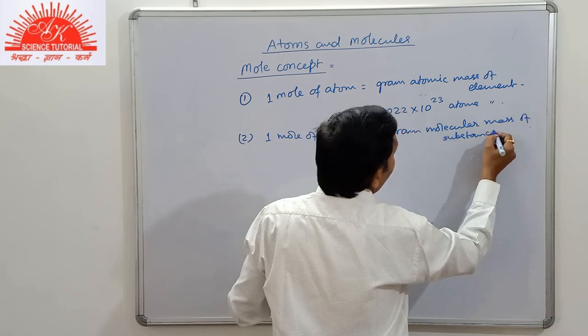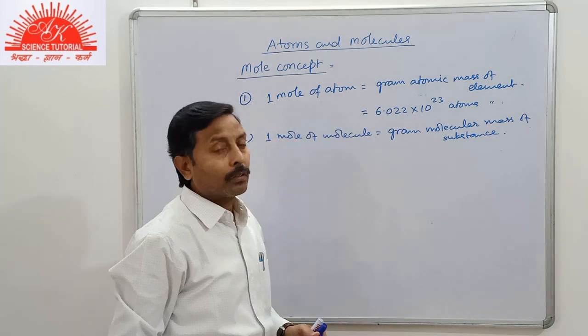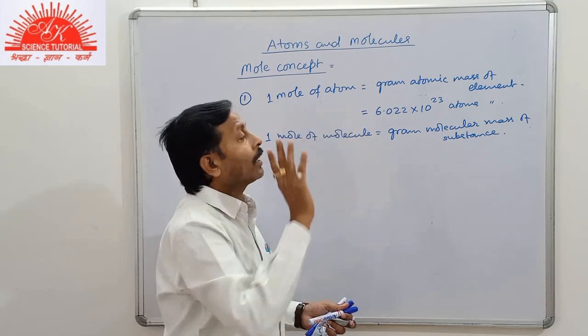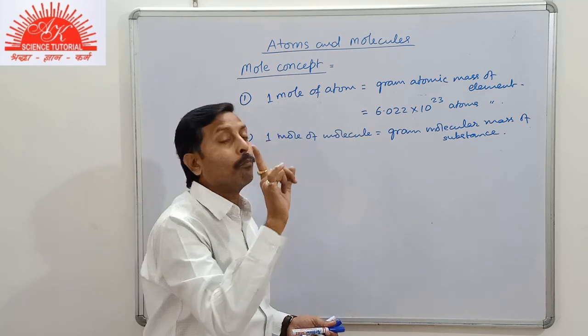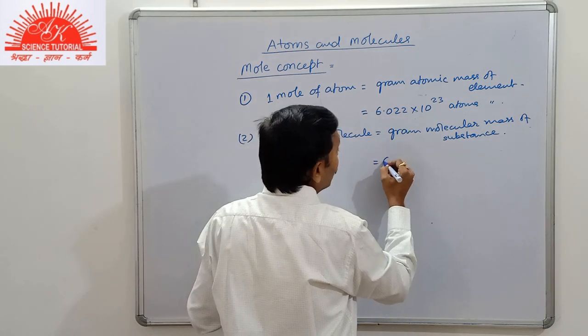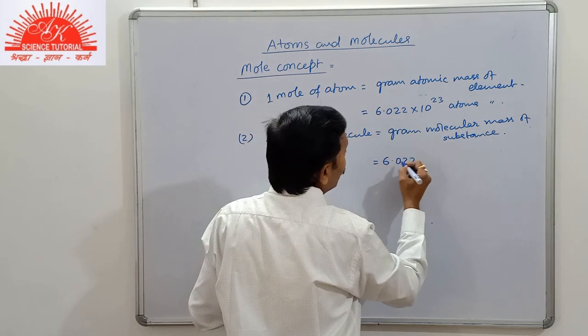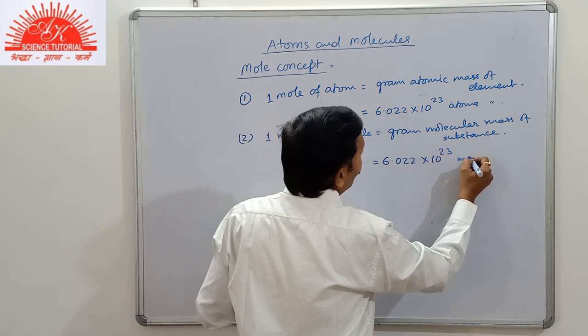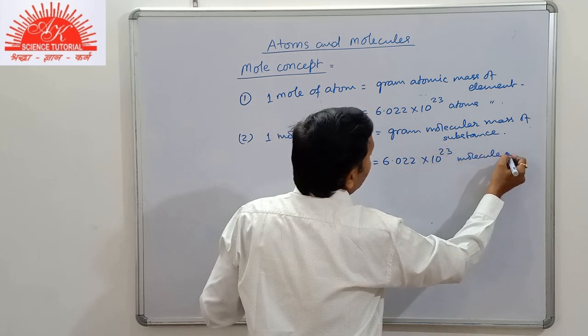Substance means it may be an element or compound. Or we can say directly that the molecular mass in gram is equal to 1 mole. Now it will have the number of molecules equal to 6.022 into 10 to the power 23 molecules of that substance.